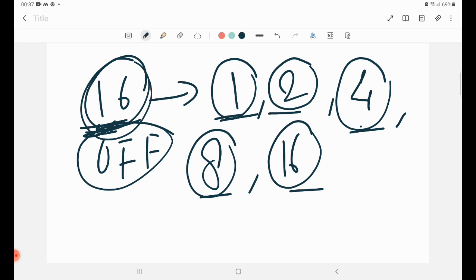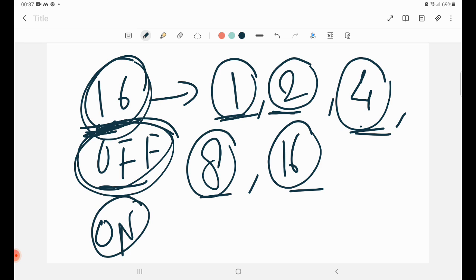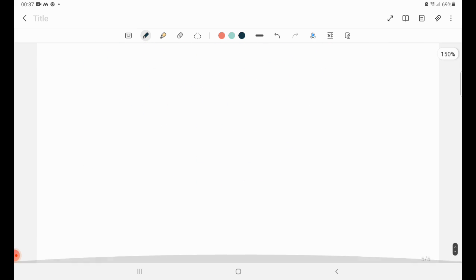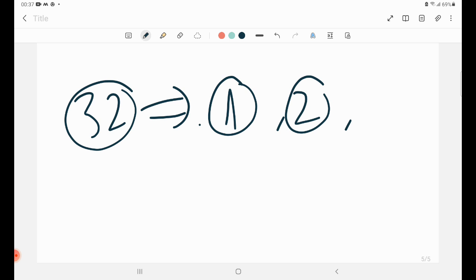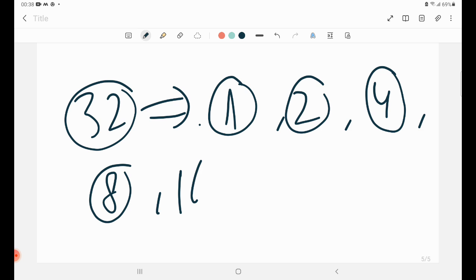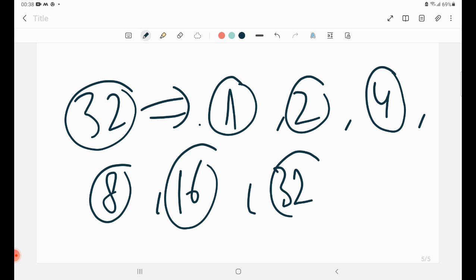If it has been toggled 5 times, it was off and the final state would be on. If it was toggled an even number of times, it would still be off, but as it has been toggled an odd number of times, it will be on. Now let's look at another example, 32. The first person will toggle it, the second again, the fourth also, the eighth, the 16th, and the 32nd also.